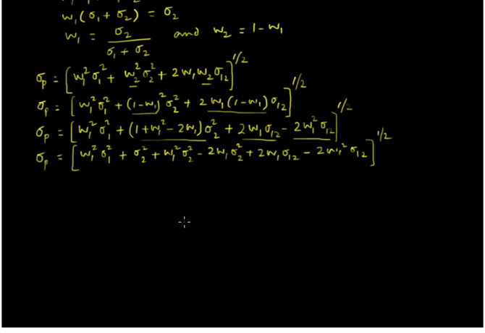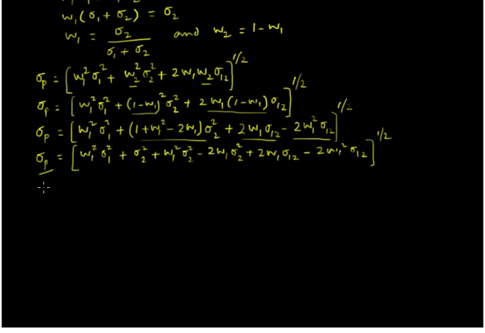We want to minimize our risk, and ideally we want it to be 0. Whether we get to 0 or not is a different question, but that definitely is our attempt. So what we are going to do is take the partial derivative of standard deviation of the portfolio with respect to, let's say, W1, and set it equal to 0.